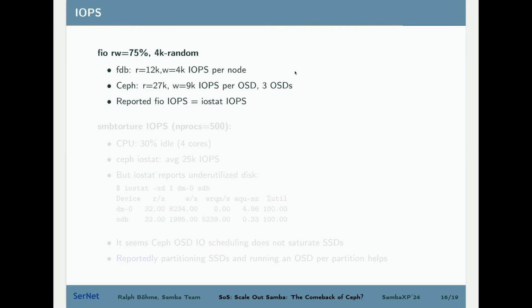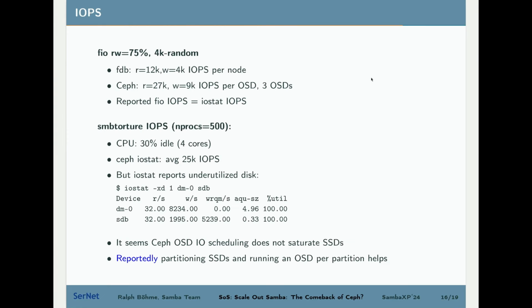So when hammering the storage backends from 3 nodes, each node got a third of the total IOPS, and there was something like 36K. Yeah, so 36K times 3 is maybe 108,000. It was a bit more than 90,000, but this is still not really a lot.